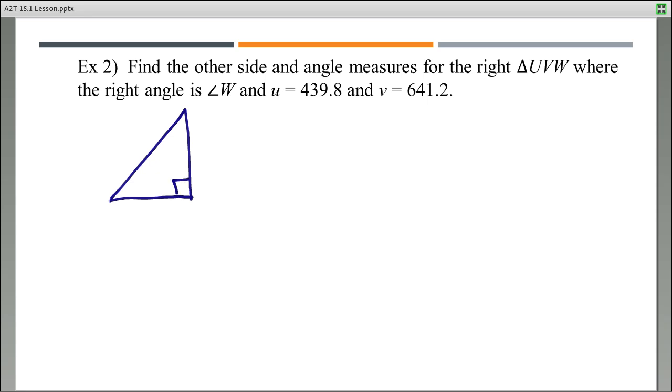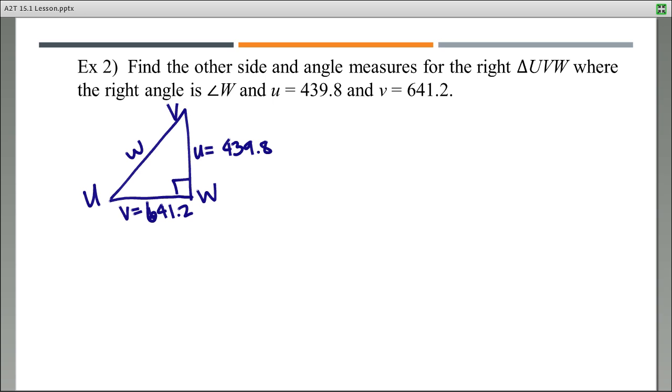They tell us that the right angle is W. And so I'll label this one angle U and this one angle V. And that means this is side U, which is 439.8. And this is side V, which is 641.2. And this would be side W.